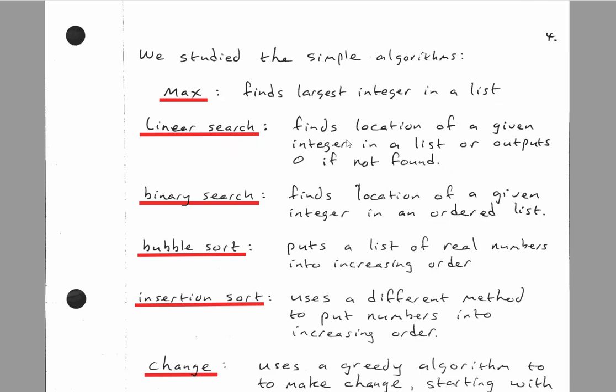Linear search also took a list of integers as input, but also another number that you're searching for. Then it stepped through the list until it found the given integer, or else if it got to the end of the list without finding it, it gave an output of 0, meaning not found.